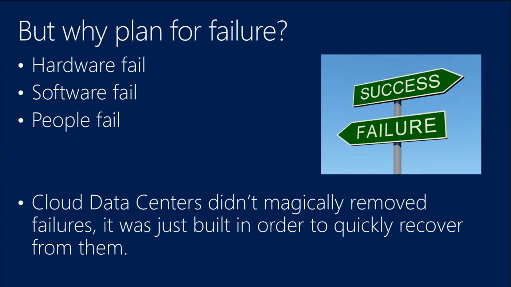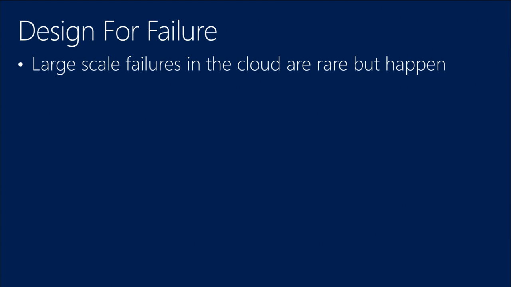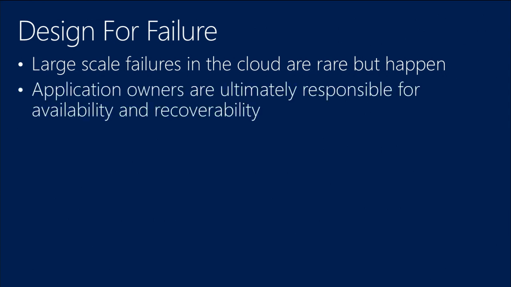We try to do stuff in order to software not fail, but they will fail. And so in order to design for scale, we need to think from this perspective that they rarely happen, but they will happen. And that's important, that our application owners will be the responsibles for this.